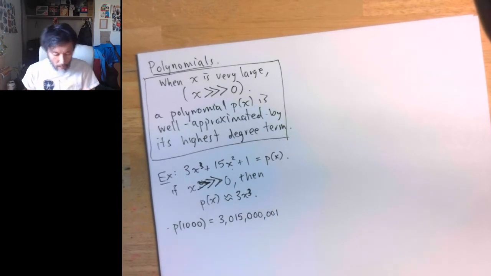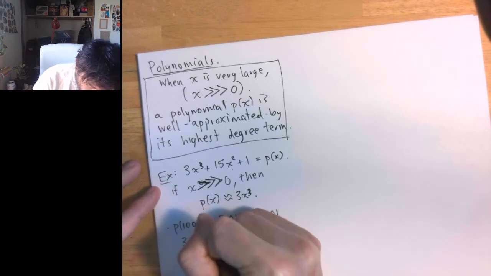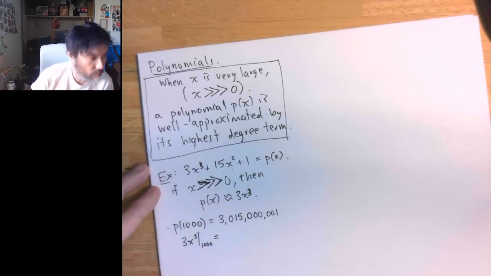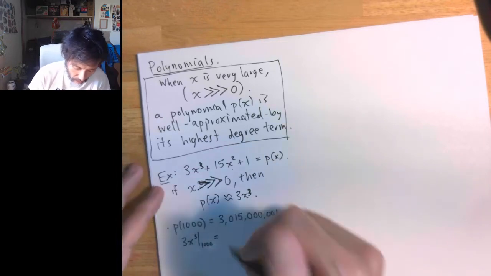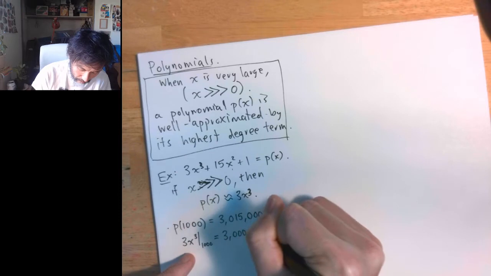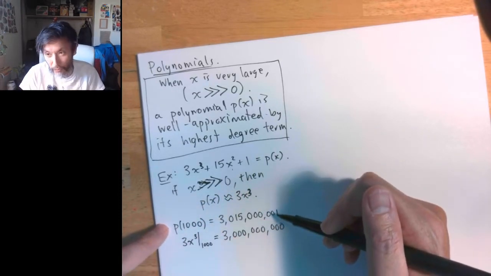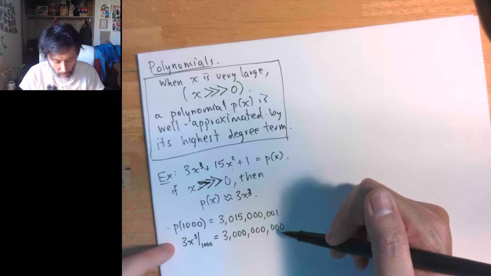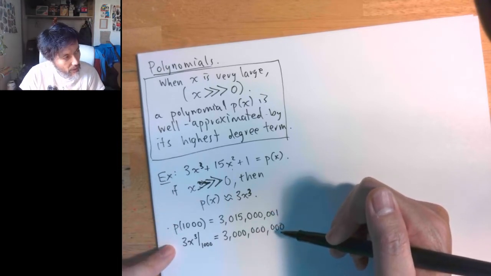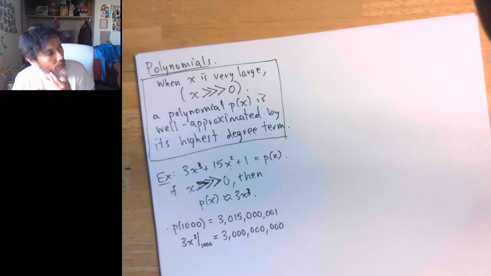Okay? But if we look at 3x cubed, and we evaluate this at 1,000, this is equal to, like we said, 3 billion. And although p of 1,000 is 15 million more than 3x cubed, as a proportion, 3x cubed is doing a hell of a good job of approximating p of 1,000, percentage-wise.